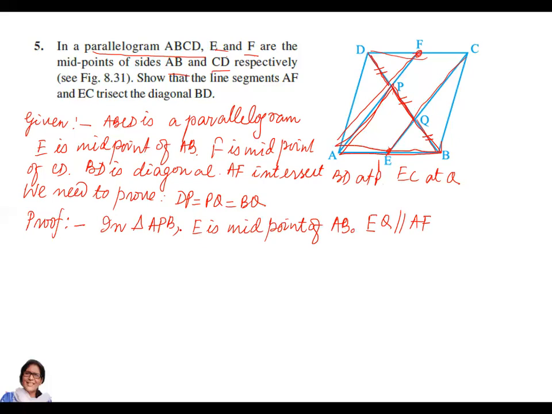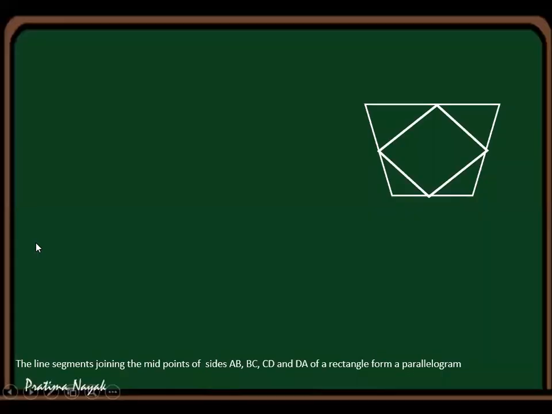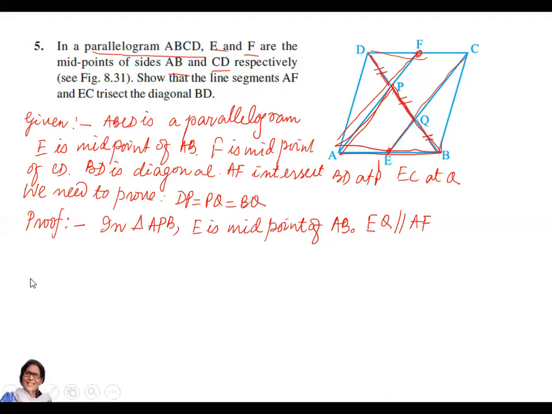As I'm writing here, AE is equal to FC, because half of AB is equal to half of CD, and AE is also parallel to FC.